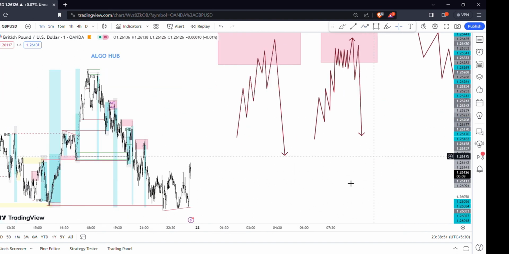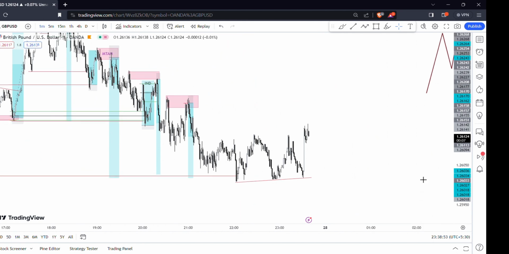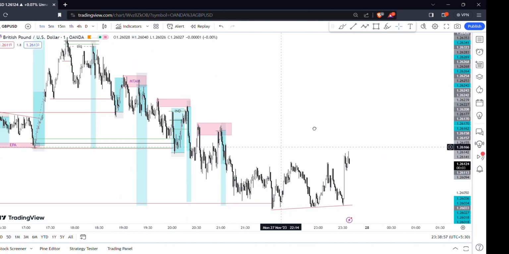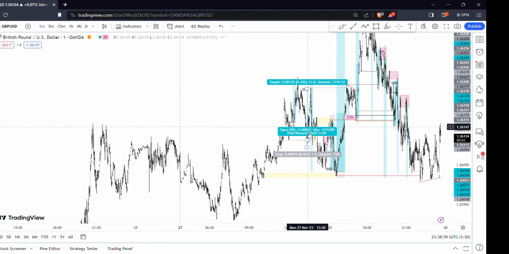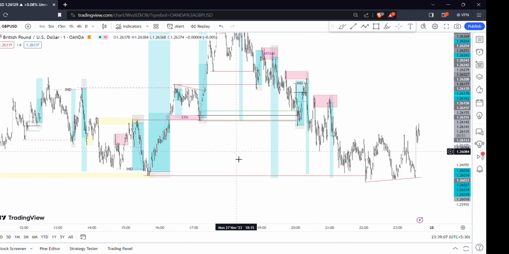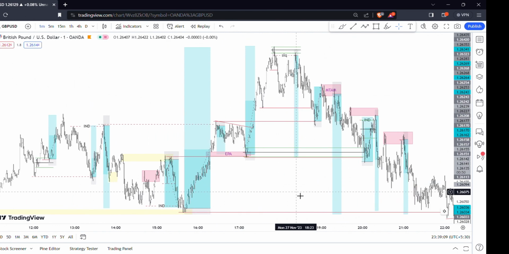Sweep. After the sweep, I will be in the buy, targeting this liquidity, because this is all trend line liquidity. You should think like a chartist, guys. You should think about what the retail people are doing, what smart money people are doing, what the banks are doing, everything. Then only can you profit from the marketplace.